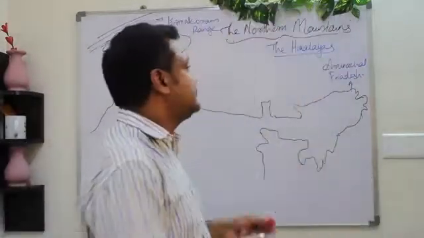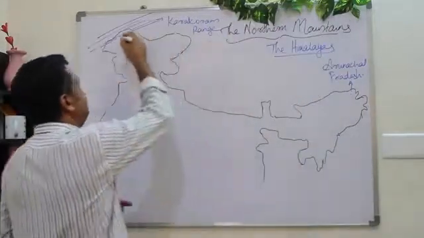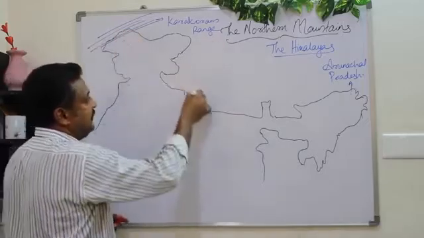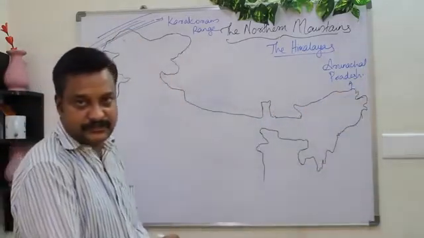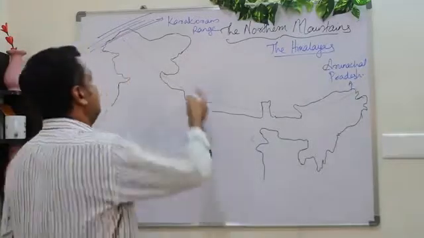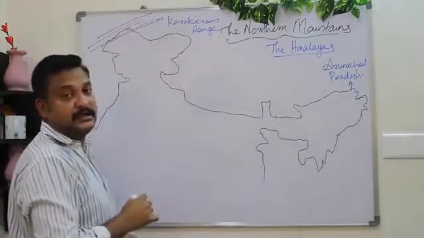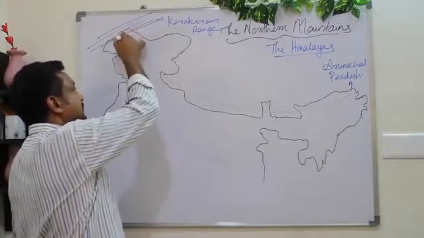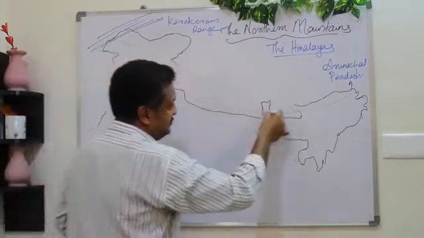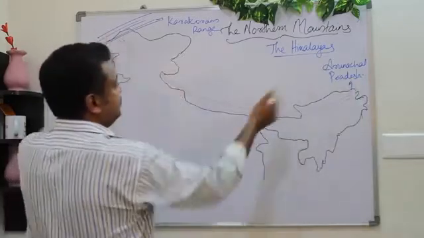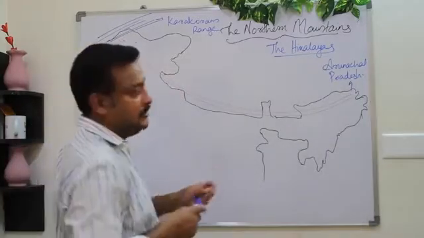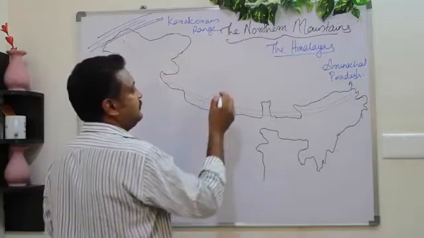To the south of Karakoram range, the Himalayas starts and it runs like this to Arunachal Pradesh. So Himalayas starts next to the Karakoram range and it runs. This is the line. This is the Himalayas.